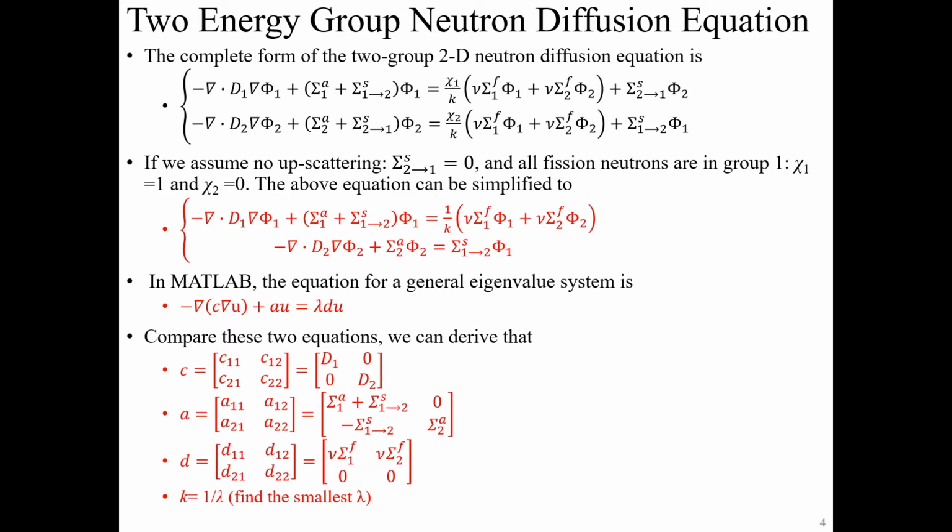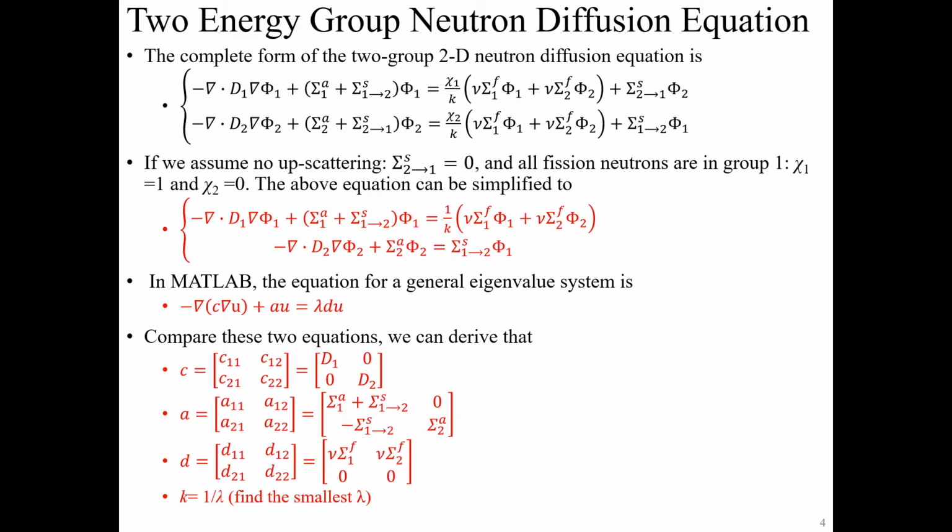The subscript 1 represents the group 1 cross-section or group 1 neutron flux, and subscript 2 represents the group 2 property. After solving these equations, we will have the neutron flux on each node, and on each node we will have two values. One is the value for phi 1, another is the value for phi 2. So on each node we will now have two neutron fluxes.